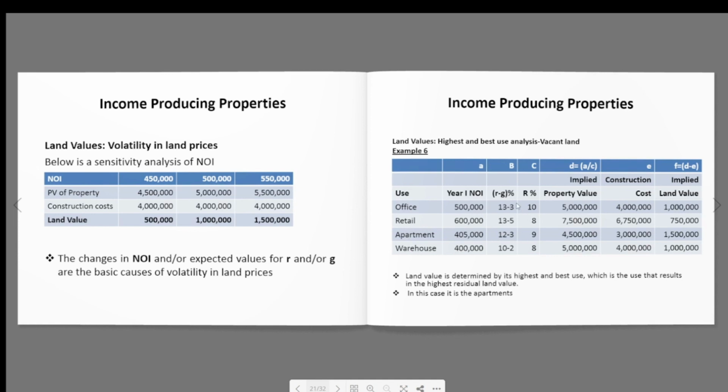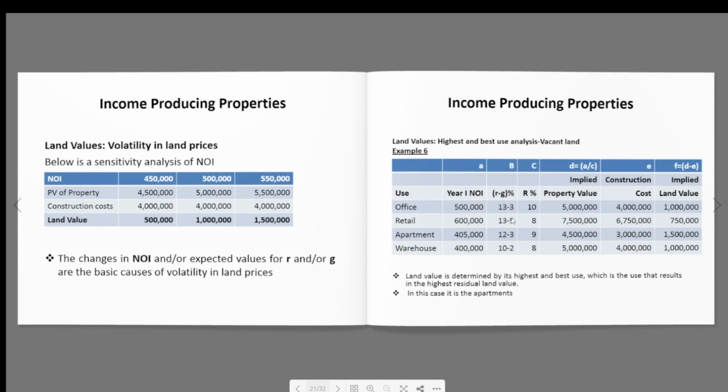But in this scenario, we have different growth rates and different expected rates of return. So for the office, the rate of return is 13%, and the growth rate is believed to be 3%. For the retail, our internal rate of return is 13%, but the growth rate is slightly higher at 5%. And for the apartment, we have 12 and 3, and for the warehouse, we have 10 and 2 respectively.